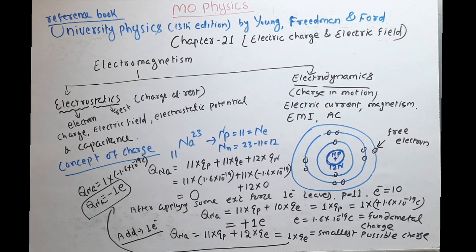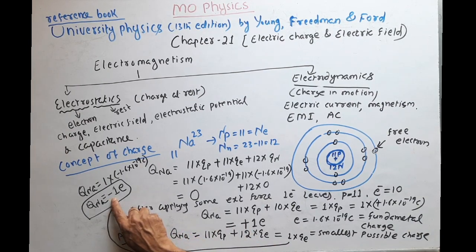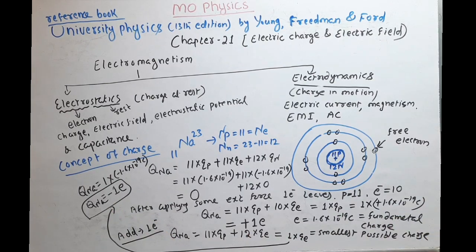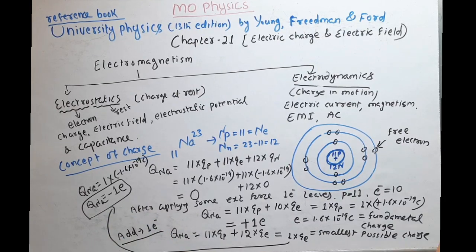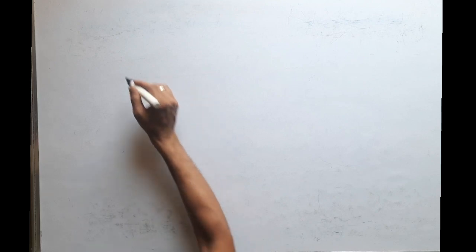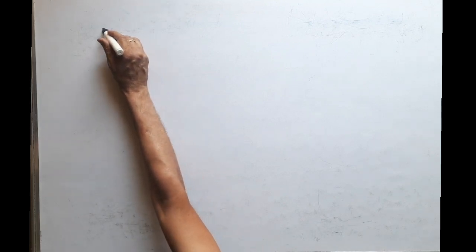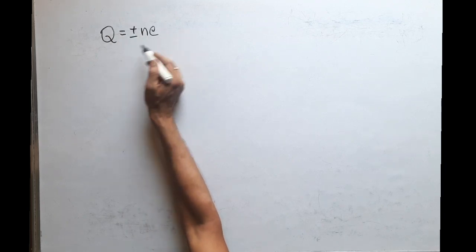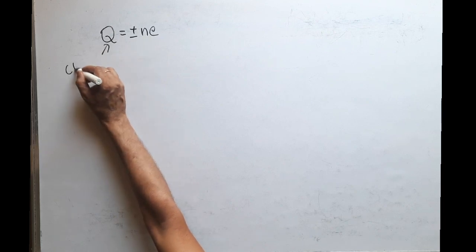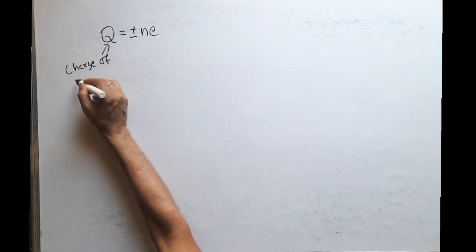So the charge of any body can be positive or negative. Under what condition will it be positive? If there is deficiency of electrons. Deficiency of electrons creates positive charge. Surplus of electrons creates negative charge. We can write the charge of any body Q as plus or minus Ne. So what is Q? Q is the charge of any body.